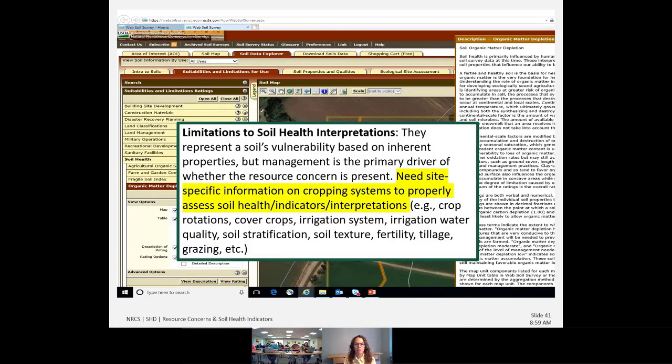But there is a disclaimer that there are limitations to the soil health interpretations. They reflect a soil's inherent variability or vulnerability based on the inherent properties, those properties that are defined by the soil parent material or texture, versus the dynamic properties, which are those that change with management, like aggregate stability or structure or organic matter.